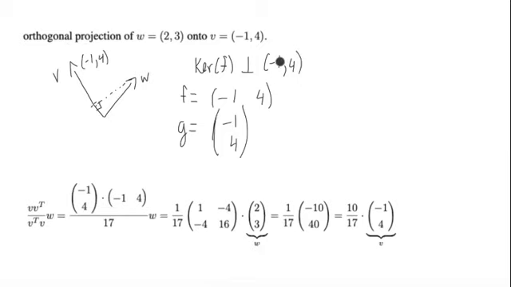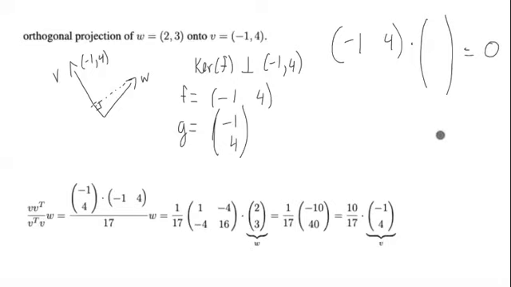It's interesting, because (-1, 4) itself as a matrix of this size has a kernel orthogonal to (-1, 4), because as a function this is just a dot product equaling zero, just the number zero in R1.